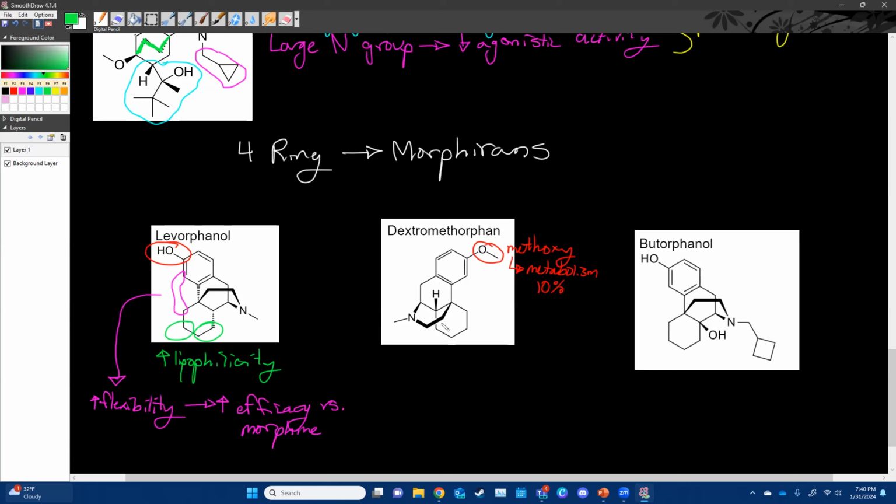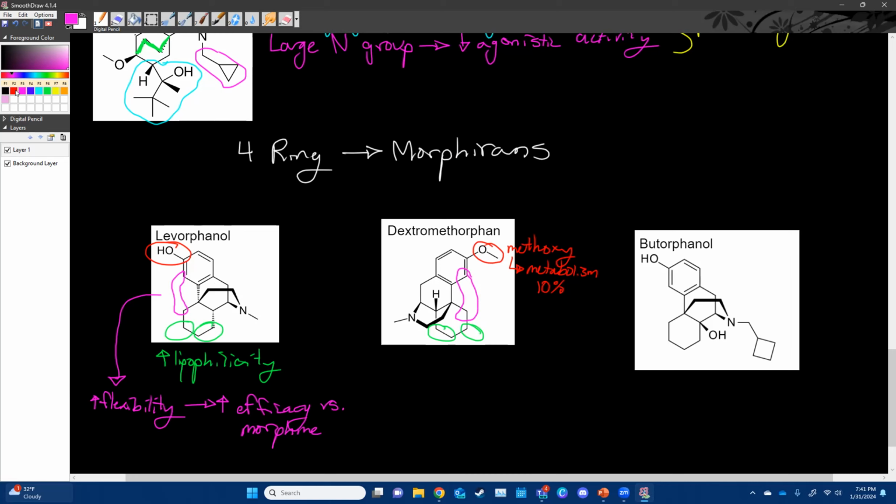So what does that mean that we're going to be using dextromethorphan for? Answer is same thing as codeine, right? Antitussive, because we're only giving 10% of the dose, 10% of the dose of levorphanol.